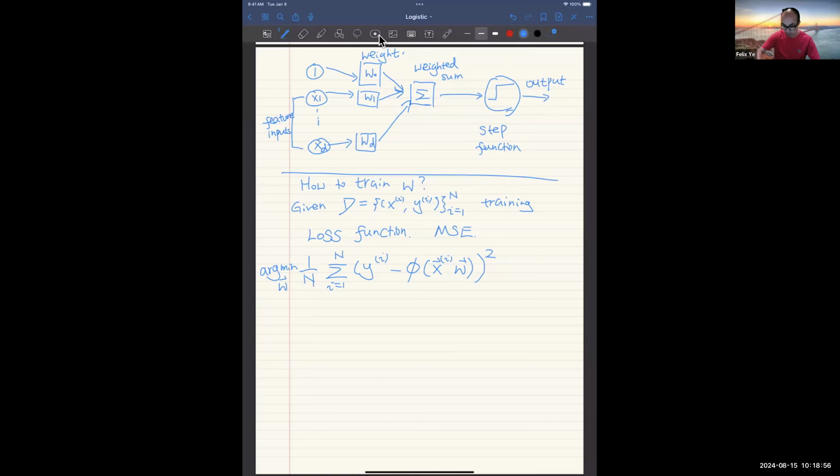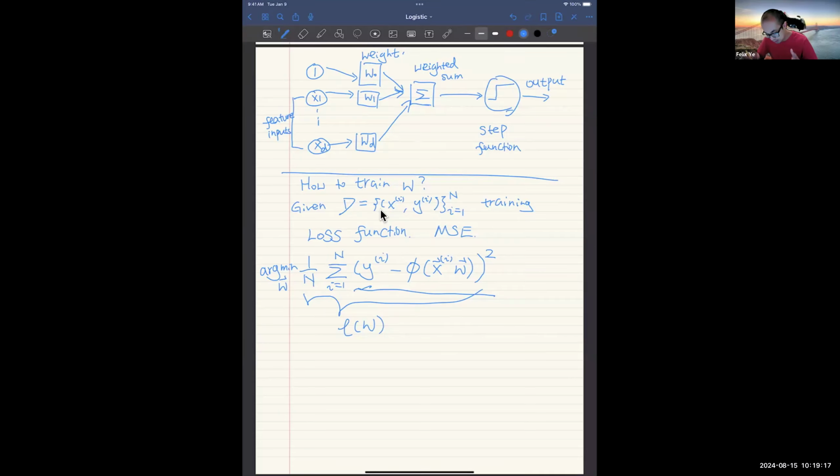And of course, you can also think of this as the residual sum of squares, which is the same. You can see this is actually my loss function right here. I'm going to call this big L of w.